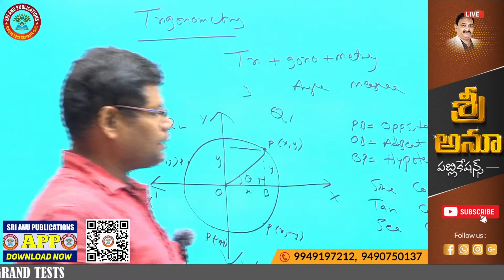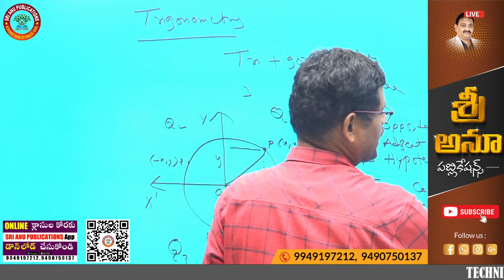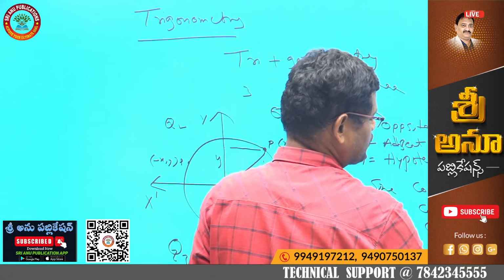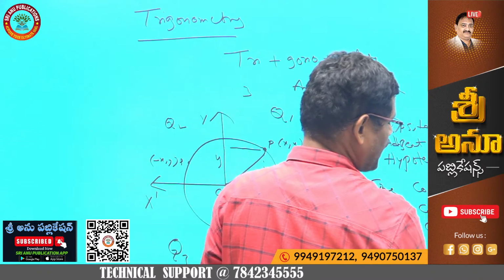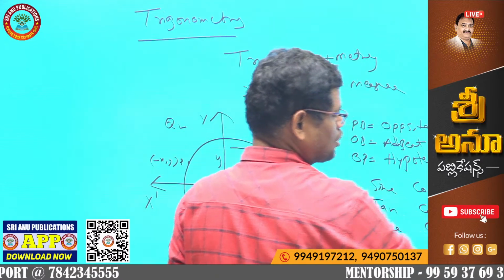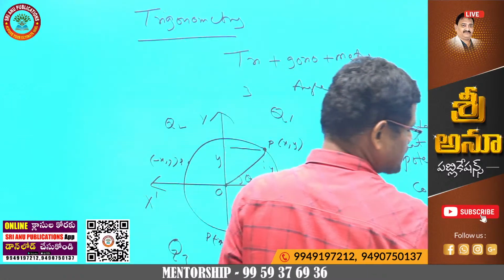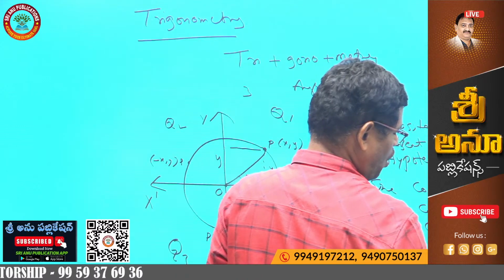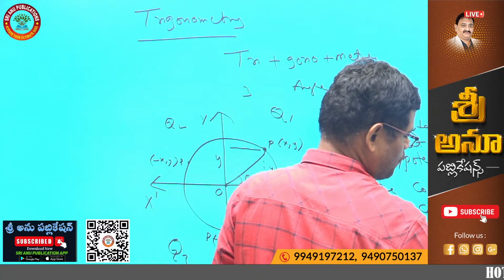So what is sine? Sine is opposite side by hypotenuse, and cos is adjacent side by hypotenuse. Tan is the ratio of sine and cos, so opposite side by adjacent side. Cot is the reciprocal of tan, adjacent by opposite.